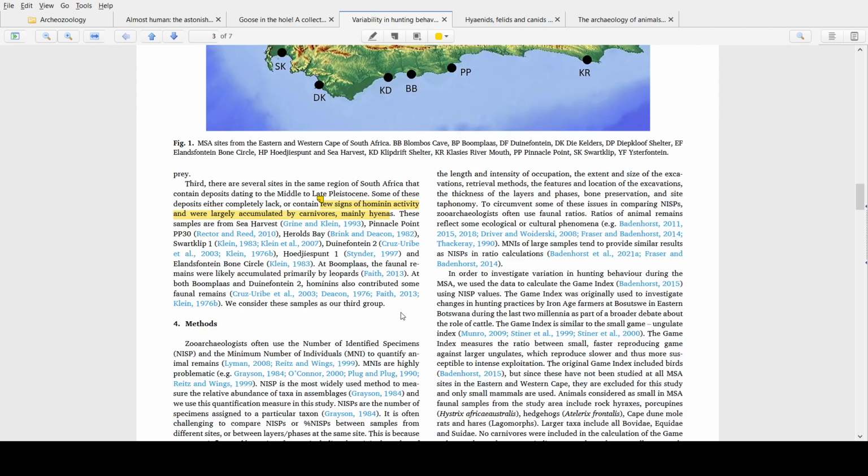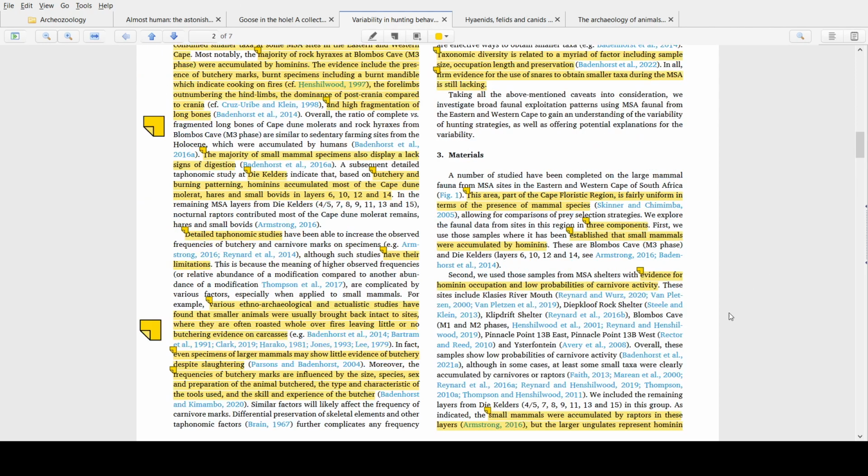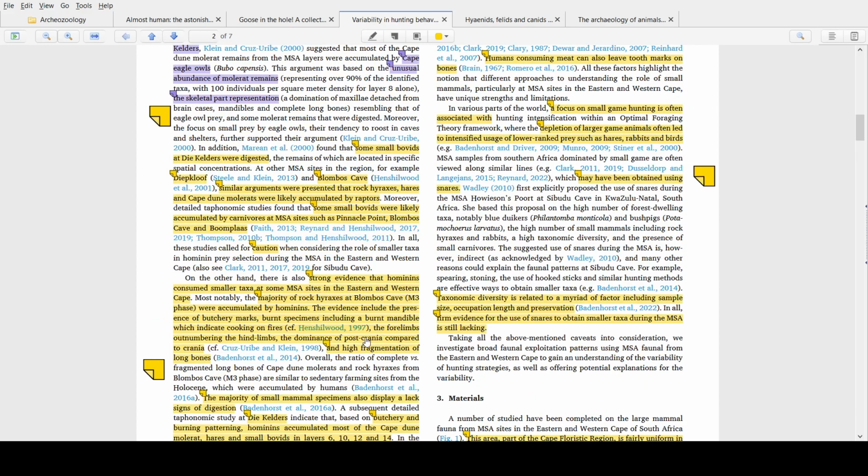But unfortunately, sometimes the information isn't like that. So here you have, I don't know how to explain this, strong evidence that hominids consume smaller taxa, and then why. Perhaps you can leave out the why, the explanations.